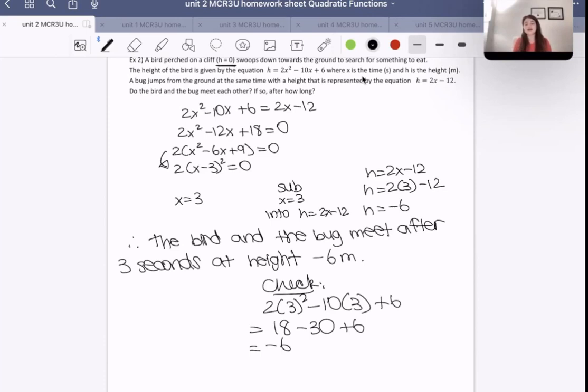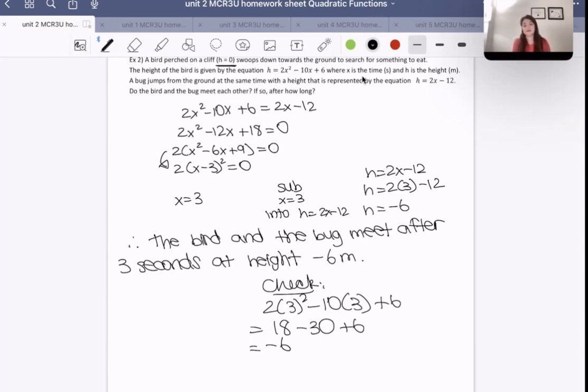Because if it does get the same y value, or in this case, h value for the height for both, then it makes sense. It's going to work. But if you get two different h values, then there's a problem, right? Because the whole point was to say, what's a point that these two equations have in common. And if when you plug in the same x value you get different y's, that means it's not the same point for both equations.